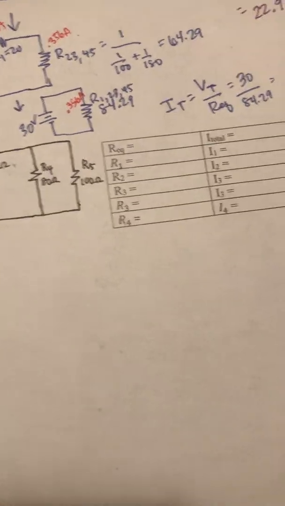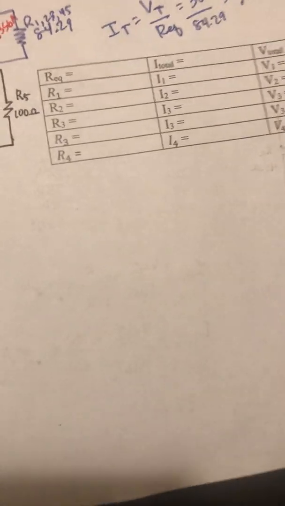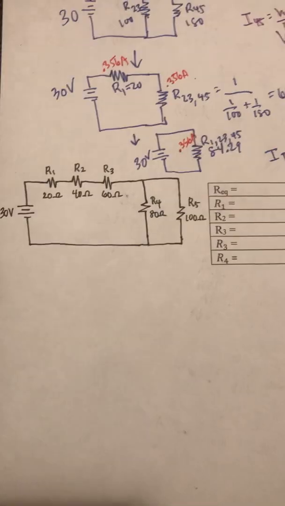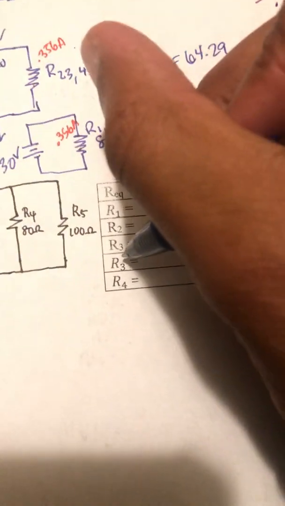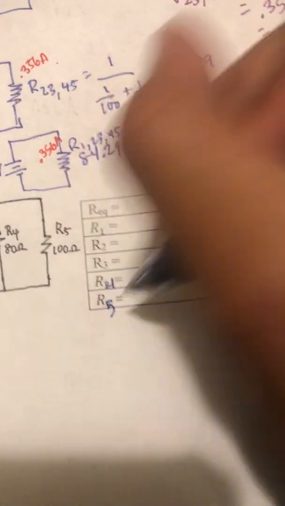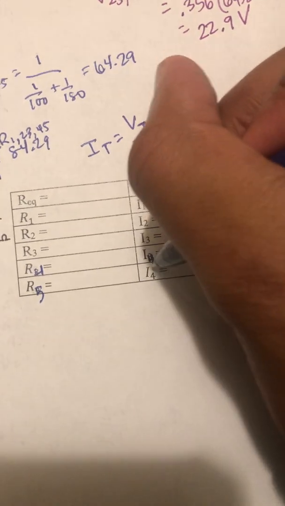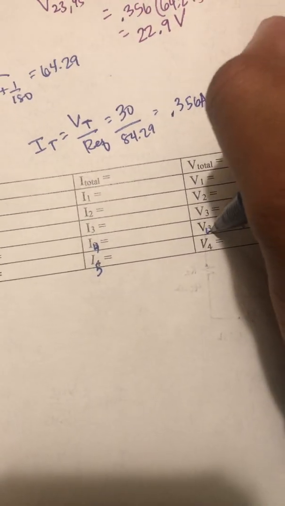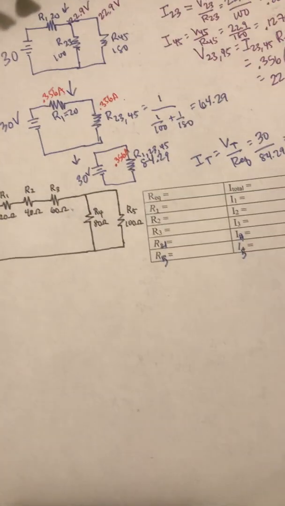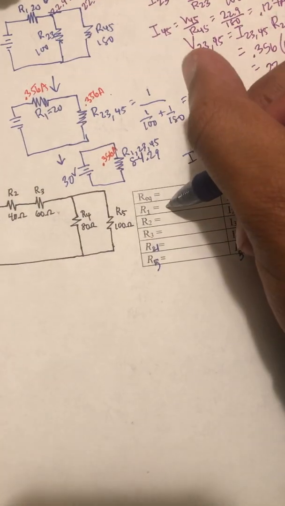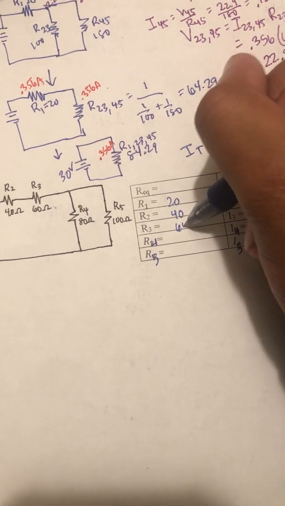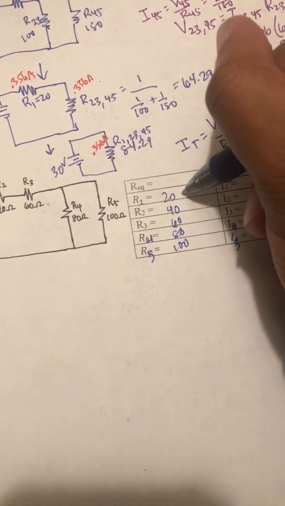Last but not least, almost done. Circuit number 4. Let's start with finding the equivalent resistance. Also, let me fix my chart. All right. 20, 40, 60, 80, 100.